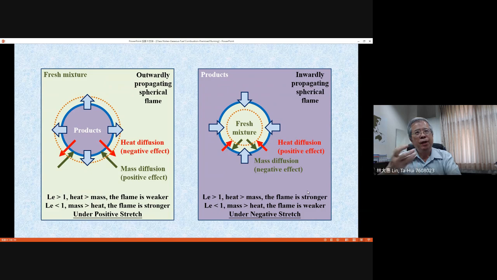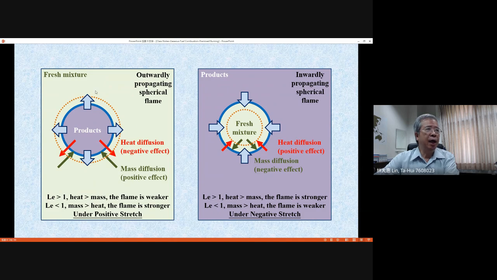The inwardly propagating spherical flame is an unusual situation we rarely observe in real applications. But this gives you the idea that when you think about the problem, focus on the flame under compression, and you will have different results if you consider the Lewis number.